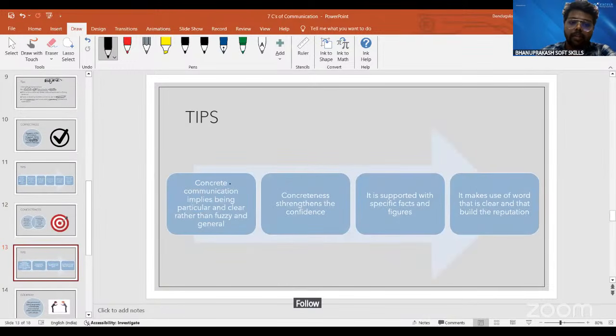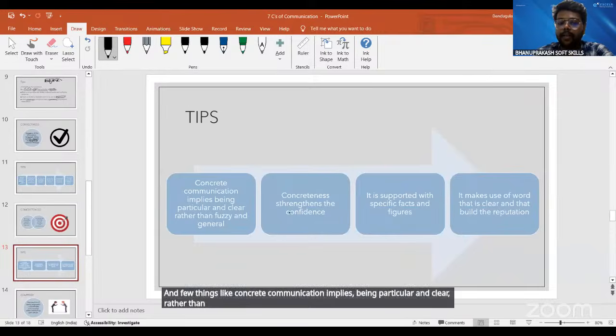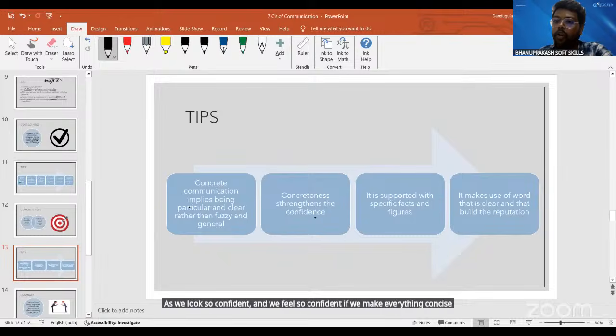Concrete communication implies being particular and clear rather than fuzzy and general.